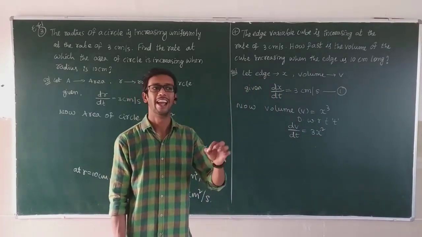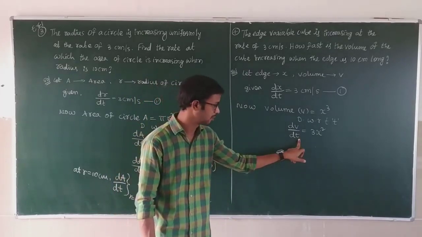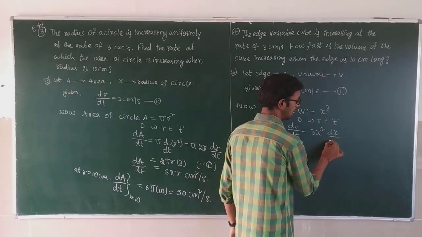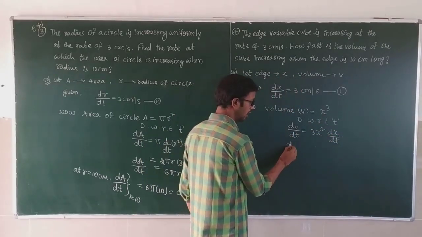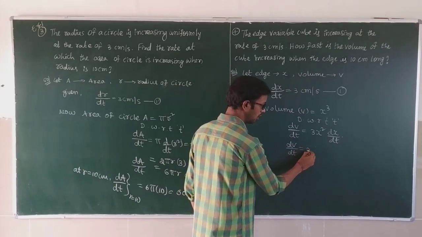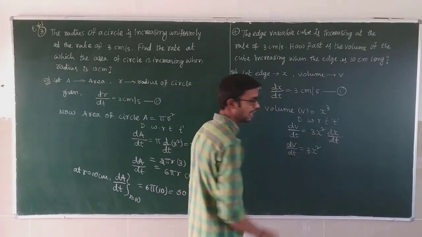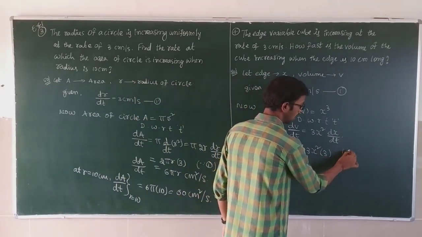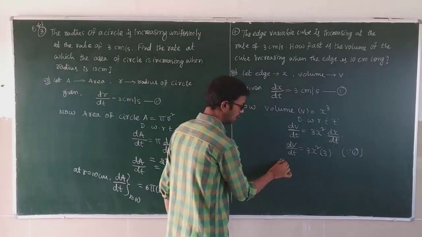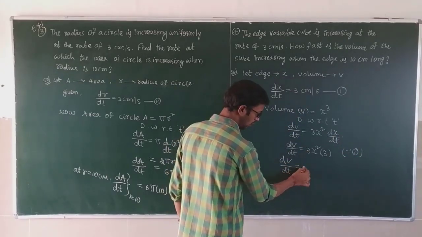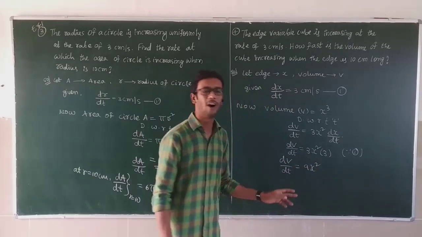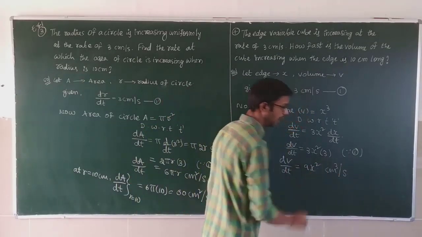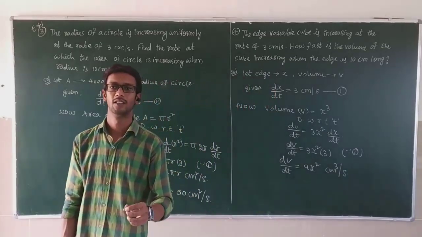In place of t, x is there, so we have to write dx by dt. dv by dt is equal to 3x square dx by dt. What is the dx by dt value? 3, from equation 1. dv by dt is equal to 9x square. Since it is volume, the unit is centimeter cube per second. For area, it is square centimeters.